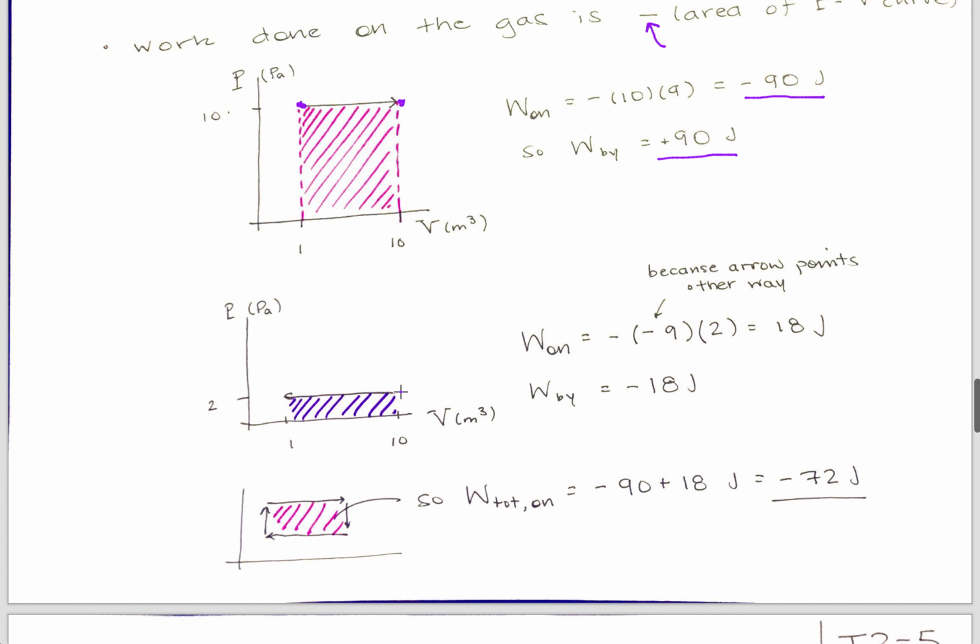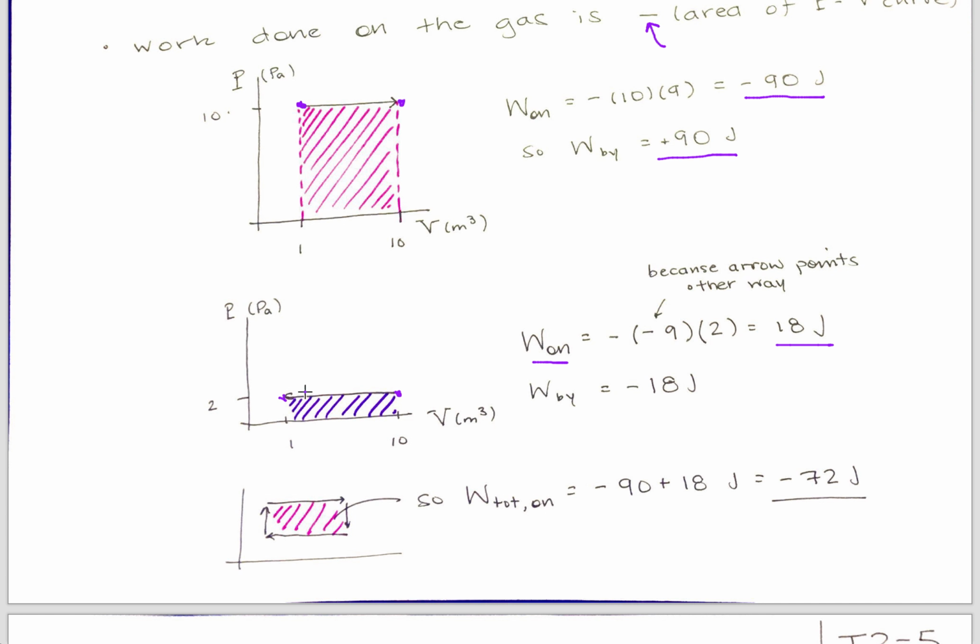Now let's say that you instead had a process that went the other way, that maybe started at 10 meters cubed in volume and then went to 1 meter cubed in volume. So here you're actually compressing the gas. So in this case, you're doing positive work to the gas. So hopefully it makes sense, right? You're pushing in that piston. So here the work done on the gas is going to give us a positive number.